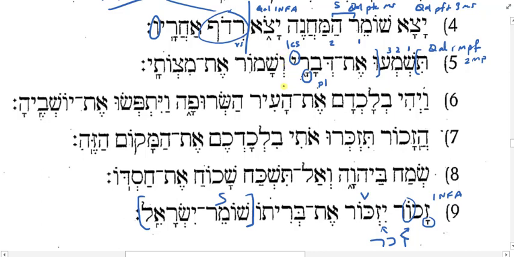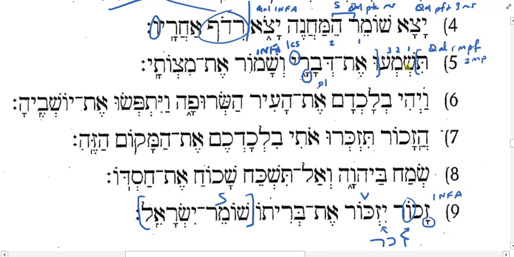And my second clause is what kind of verb form? V'shamor. Shamor. That is an infinitive absolute. Now, does this infinitive absolute occur in the same clause as the preceding verb, and does it share the root letters of the preceding verb?